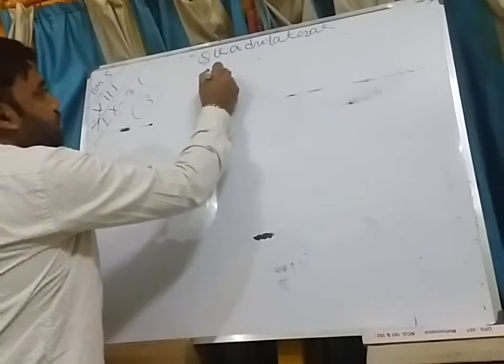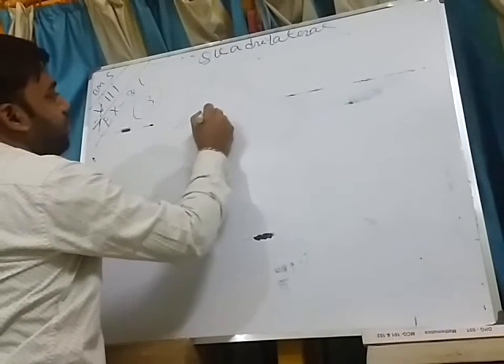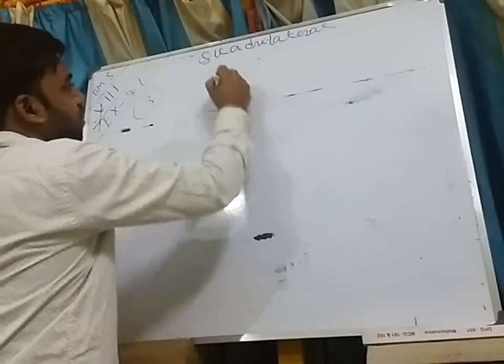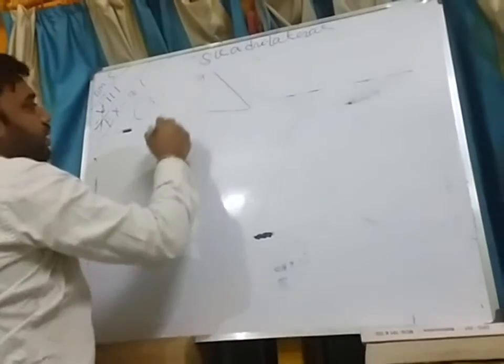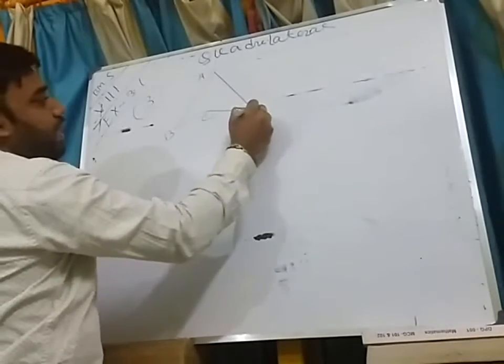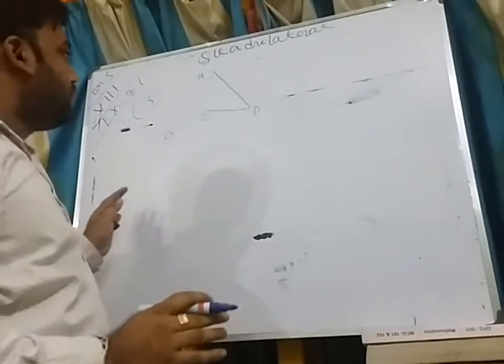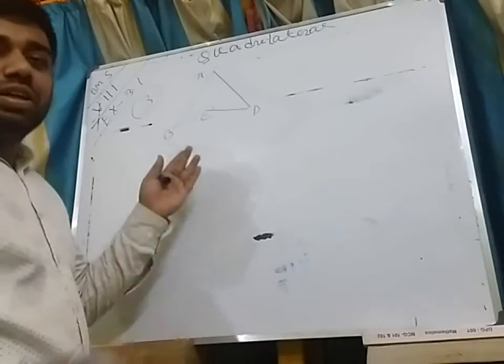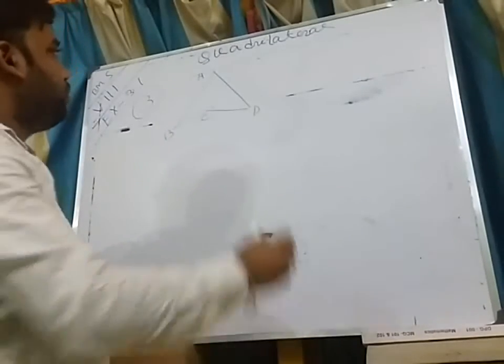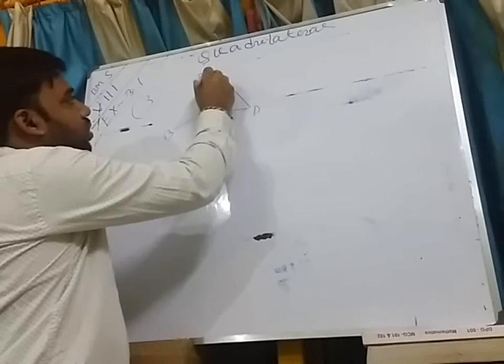So taking ABCD as a quadrilateral, this angle is more than 180, so it is a concave polygon. Now draw a diagonal.